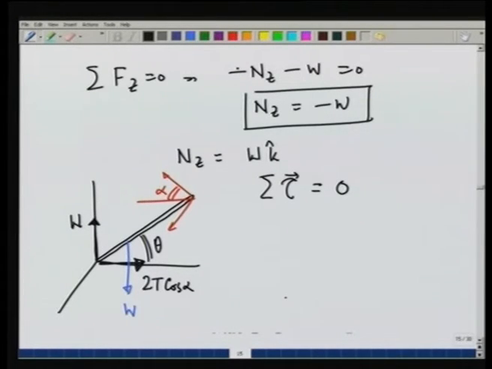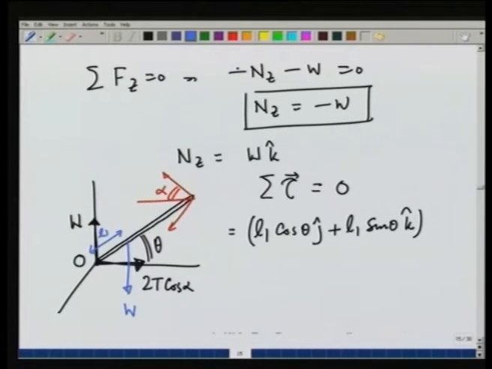To calculate tau, let us take the origin to be at the origin of the x y z system, O. So, the distance where W is acting is L1 cosine theta j plus L1 sine theta k, cross product of minus W k.